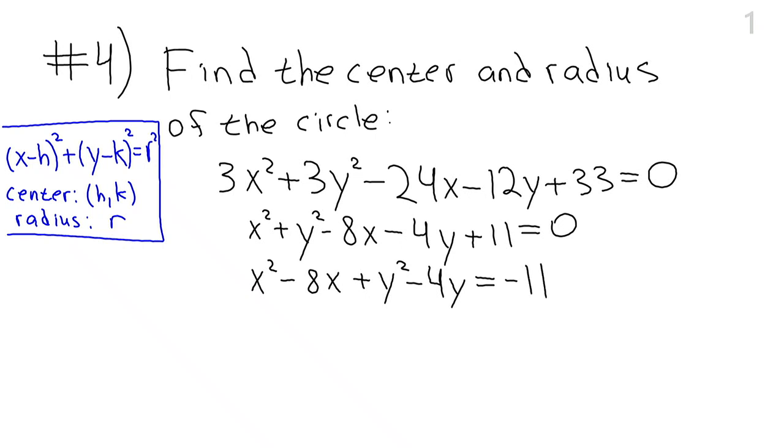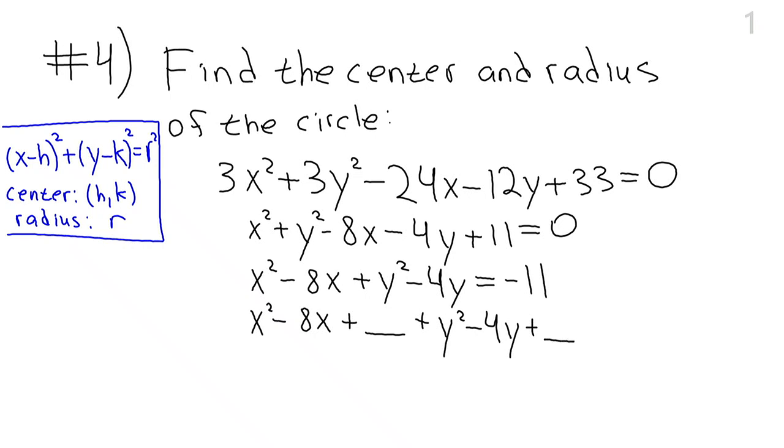So now that I wrote it like this, I'm going to complete the square with the x's and then complete the square with the y's. I want to write this as x squared minus 8x, and then add something here. And then I'm going to do the same thing for the y's.